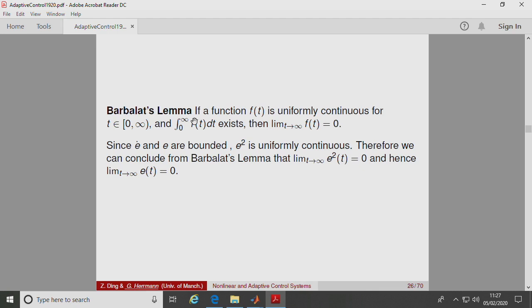In general, for instance, it is sufficient, and I want to use a slightly different formulation of this to be able to prove this to you. f is uniformly continuous if, not if and only if, f of t is bounded, so it's smaller than k, and f dot of t is also bounded.